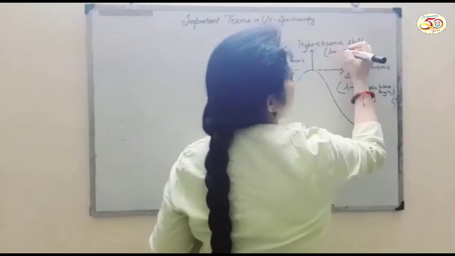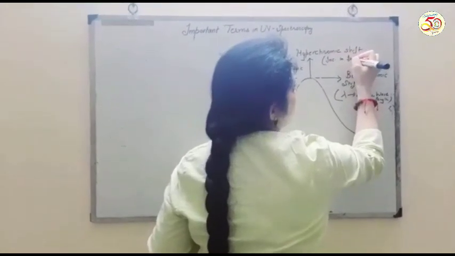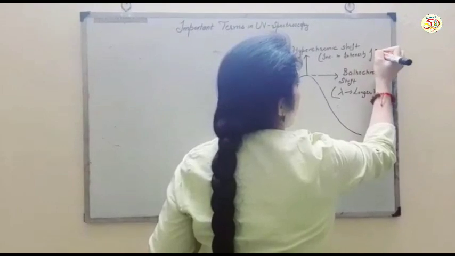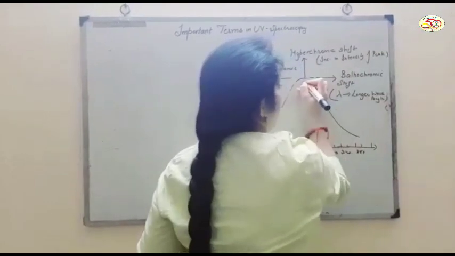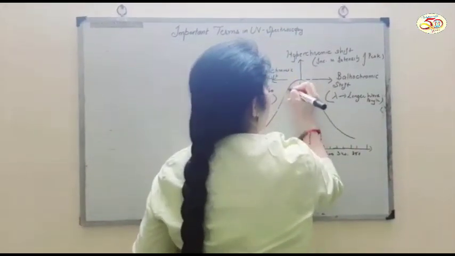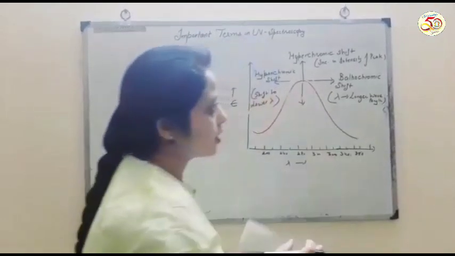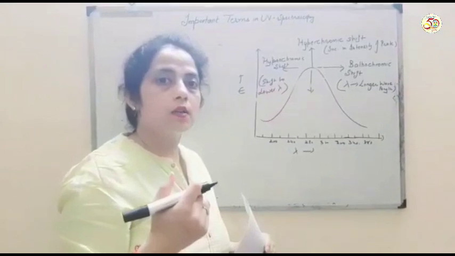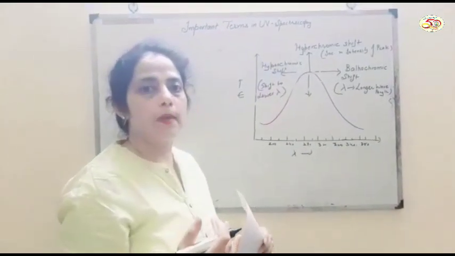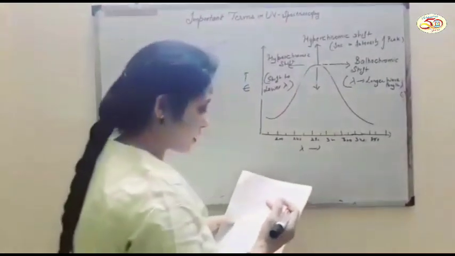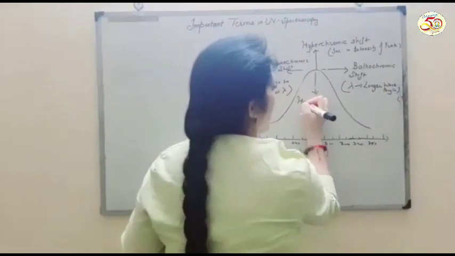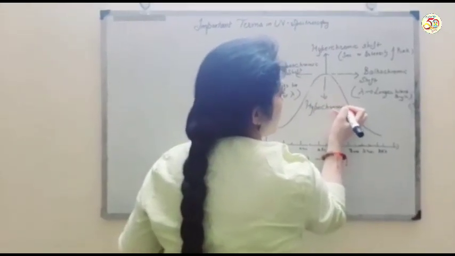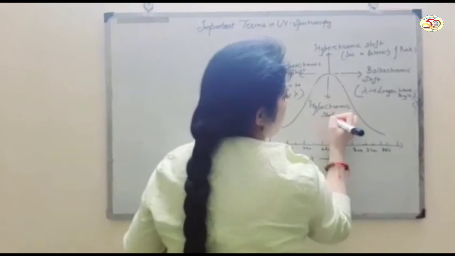Hyperchromic shift is an increase in intensity of the peak. If a substituent group attached to the chromophore causes a decrease in the intensity of the peak, that decrease in intensity of the peak is called hypochromic shift.